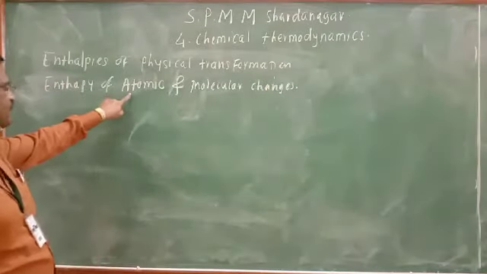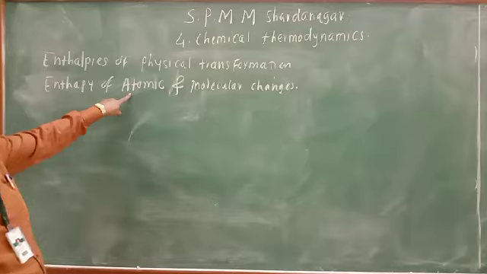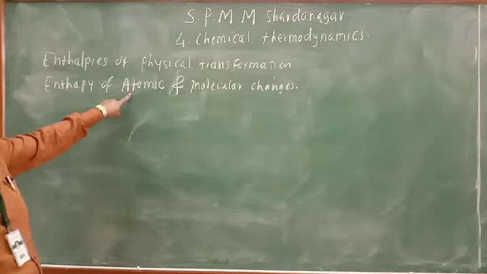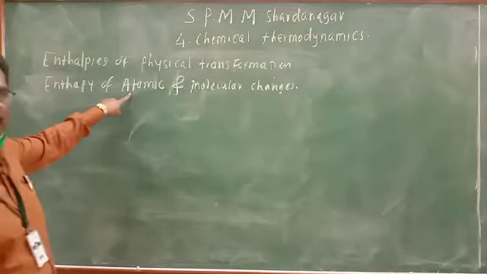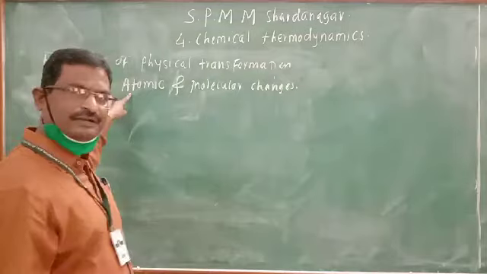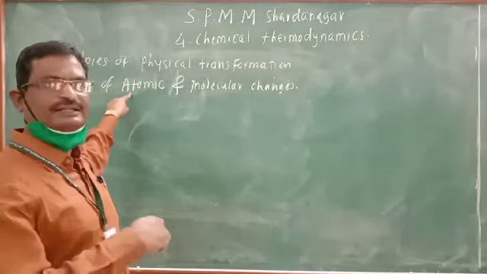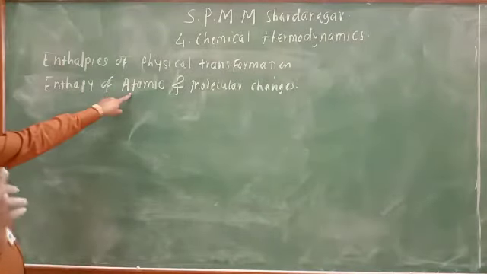See, what change can we carry out in an atom? An atom may be converted to an ion. The ion may be a cation by loss of electron or an anion by the gain of electron. Whenever there is a loss of electron, the atomic change takes place.